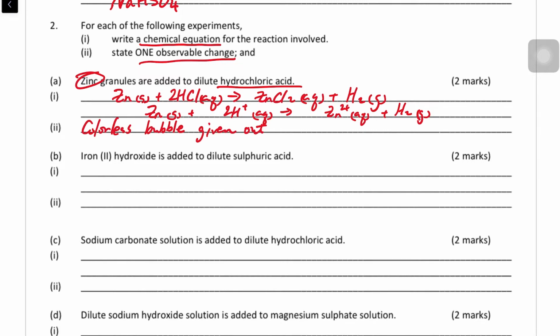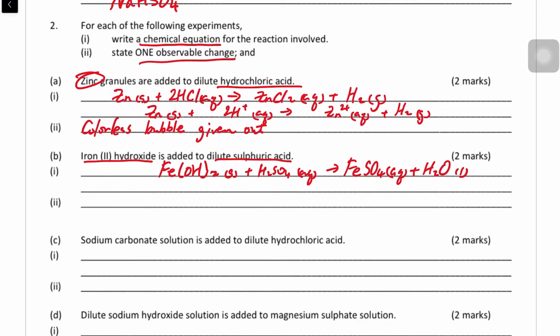Next is iron(II) hydroxide reacting with sulfuric acid. Please pay attention: this time it is not a metal, but a metal ion. So don't write hydrogen gas or colorless bubbles evolving. This is a neutralization forming salt and water only. The equation is shown, again with the ionic equation, but remember that iron(II) hydroxide is insoluble, so you cannot break it down.